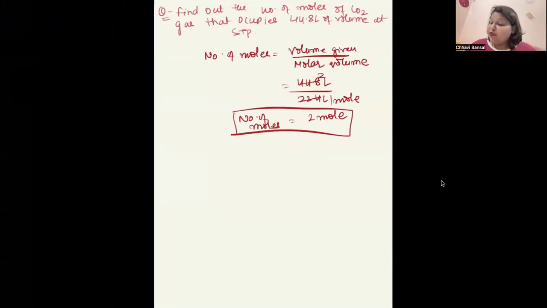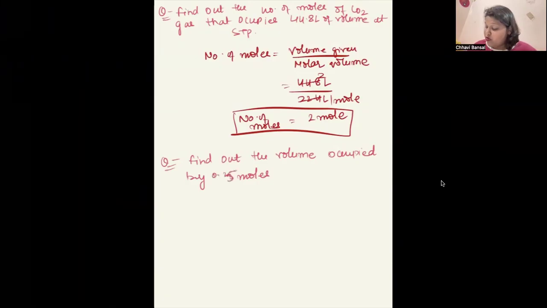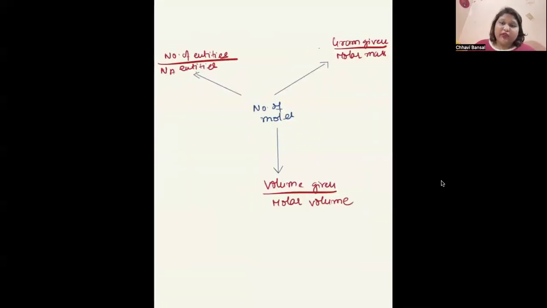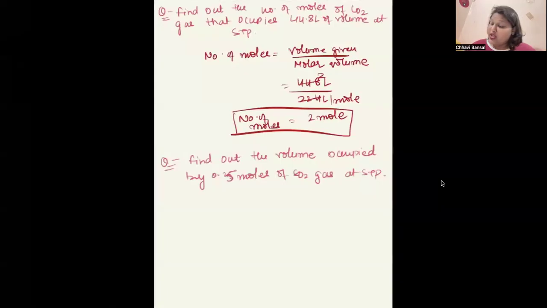Fine. Next question. Find out the volume occupied by 0.25 moles of SO2 gas at STP. Okay, this is the same set of question. It's the other way around. Okay, so what is the answer here?